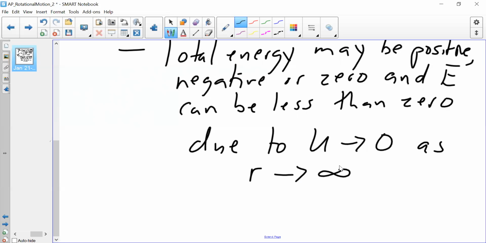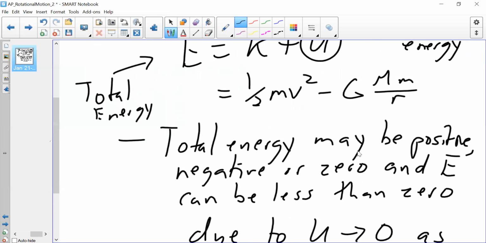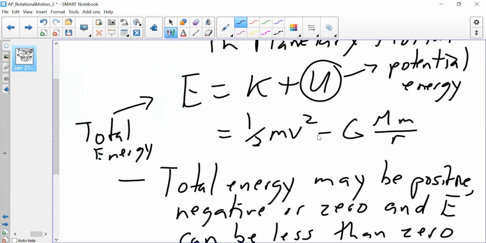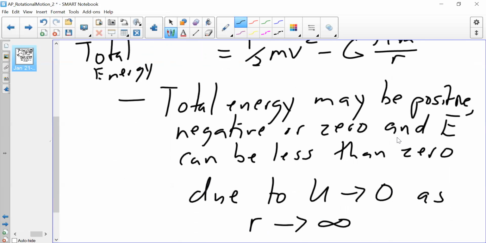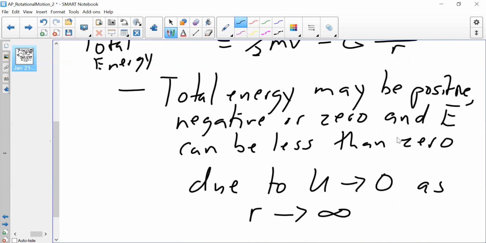So basically this can be less than 0 under those conditions. If you go all the way to infinite distance, the potential energy goes to nothing in the system. That's the case. It can be less than 0.